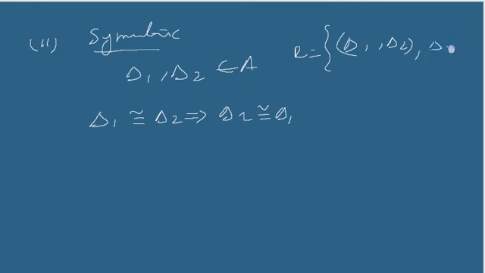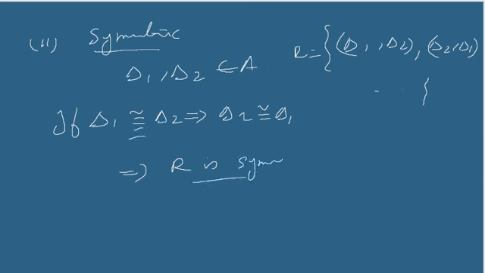Immediately you can say that the ordered pair triangle 2, triangle 1 is an element of R. This is true for all triangles that we select from A. So if triangle 1 is congruent to triangle 2 implies triangle 2 is congruent to triangle 1, this implies R, what is the relation here? Congruency. R is symmetric.